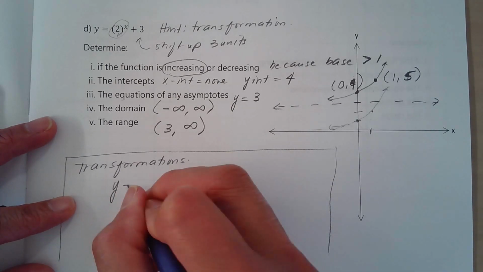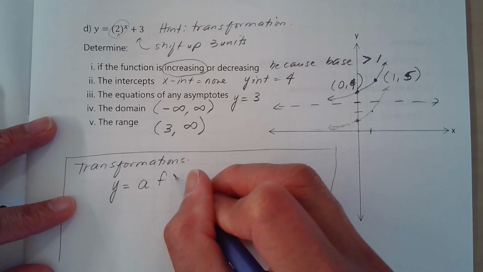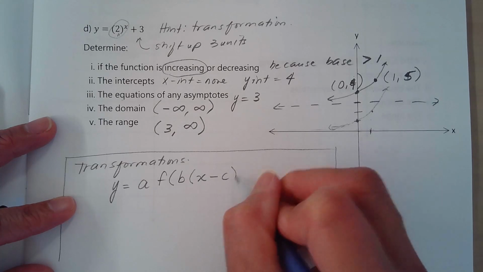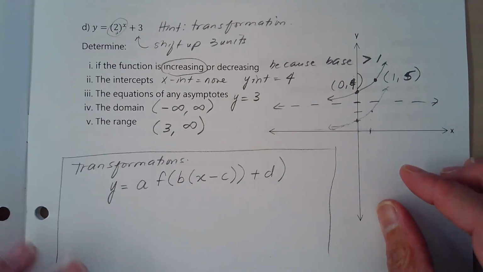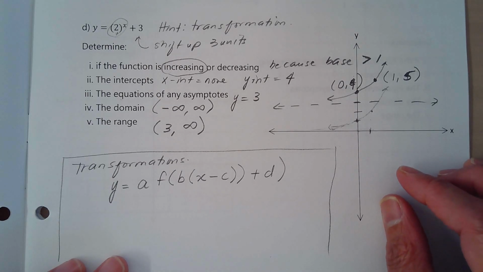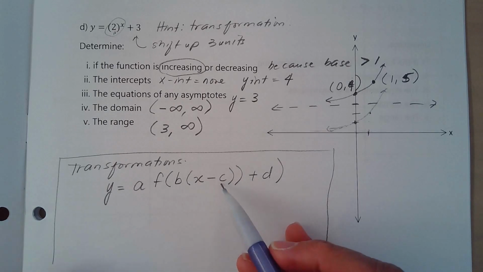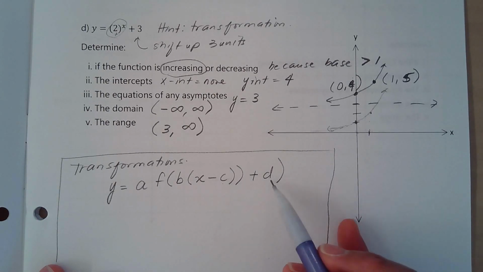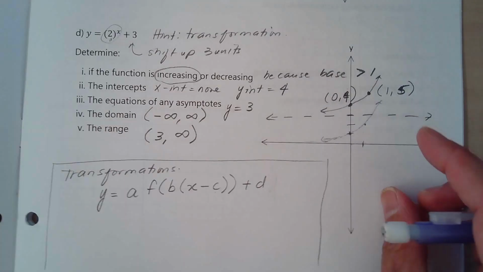So y is equal to a f of b times x minus c plus d. I think some texts would have the h and then the k. H is a horizontal and k is a vertical translation.